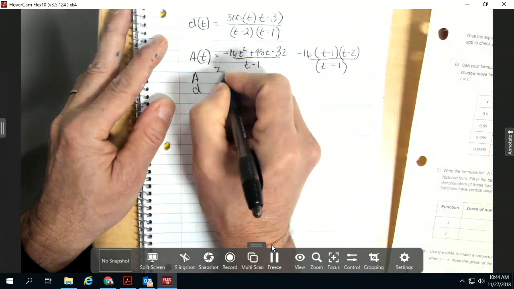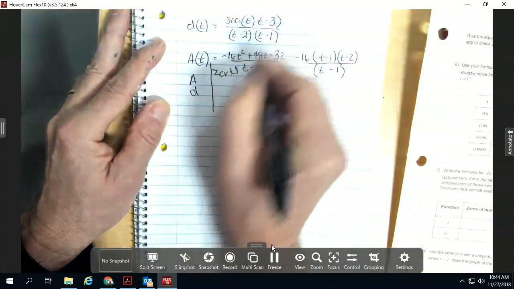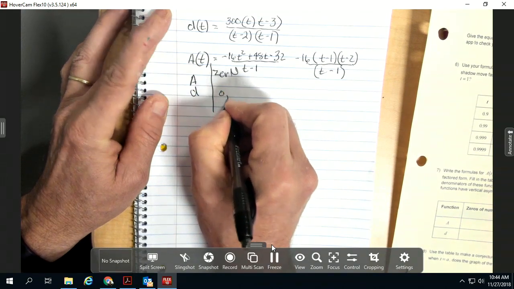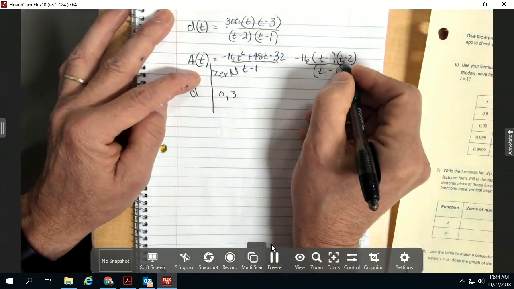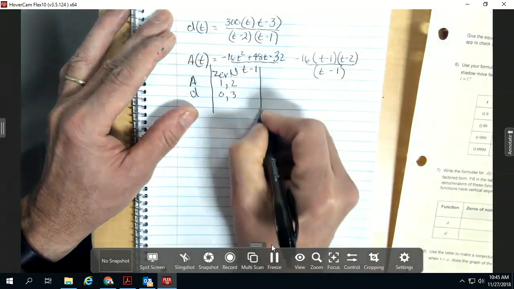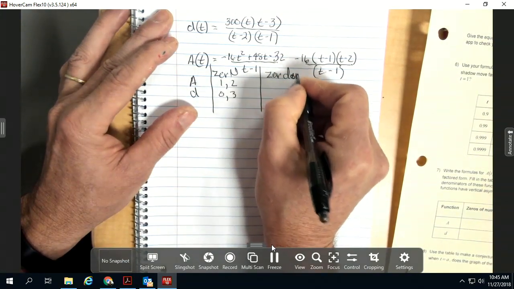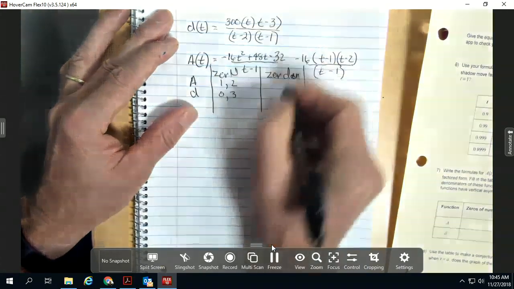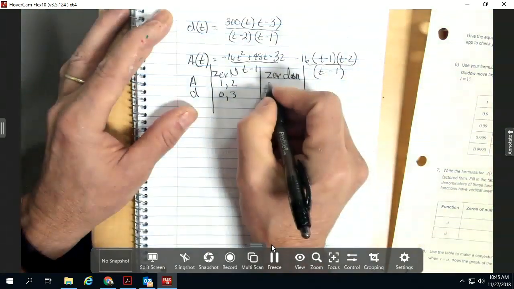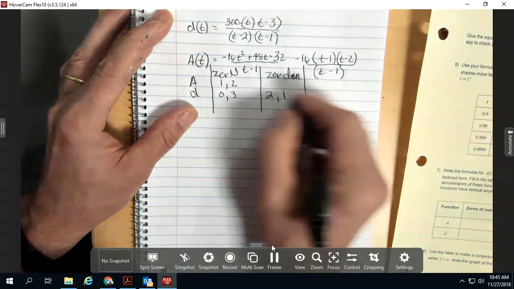So what are the zeros of the numerator? Well, here the zeros are at 0 and 3. Here the zeros are at 1 and 2. What are the zeros of the denominator? 2 and 1. Here they are 2 and 1. And the numerator, just 1.